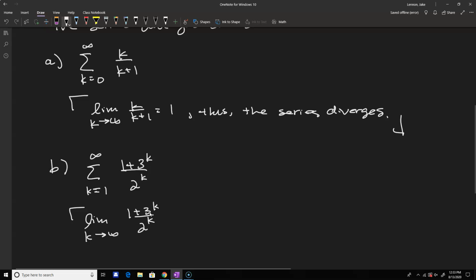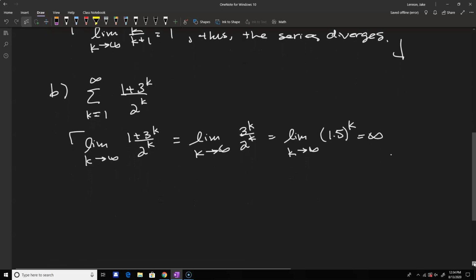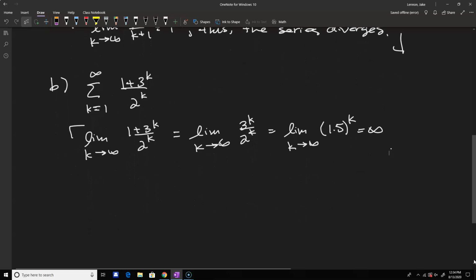That 1 is going to be insignificant, so basically this is just the limit as k goes to infinity of 3 to the k over 2 to the k, which is basically the limit as k goes to infinity of 1.5 to the k, which we know goes to infinity. So the series diverges, again by the divergence test, the limit is not going to 0. We know that goes to infinity just by the geometric sequence theorem that we looked at before. So thus the series diverges.